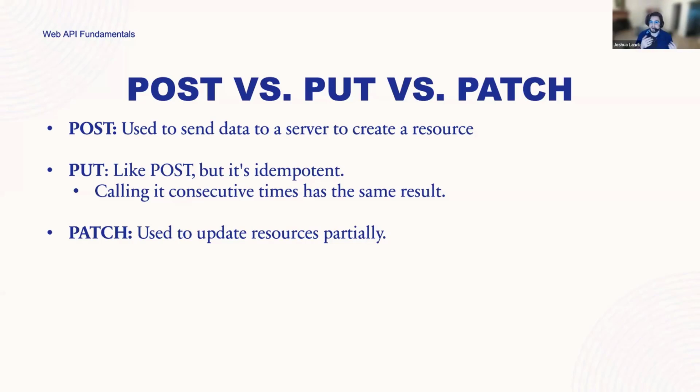But if you're making a public API, something that you want clients to use, it would be best to follow the rules, because people will be more likely to use it. If it's confusing, they probably will stray away from it. All right, so that's a little bit on methods.